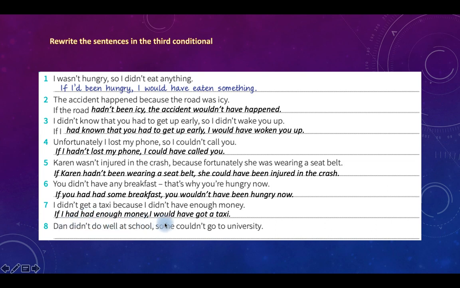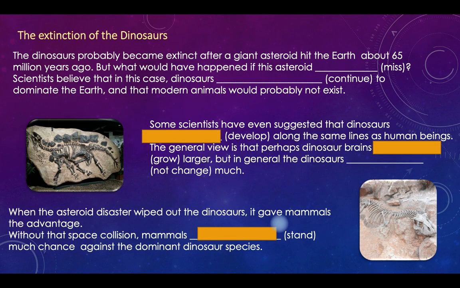Dan didn't do well at school, so he couldn't go to university. If Dan had done well at school, he would have gone to university. Right? And the last exercise that I want you to do right now is about the extinction of the dinosaurs. So we started with dinosaurs today, and we'll finish with the dinosaurs.